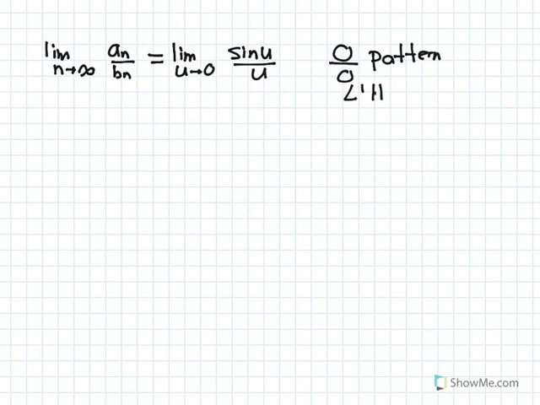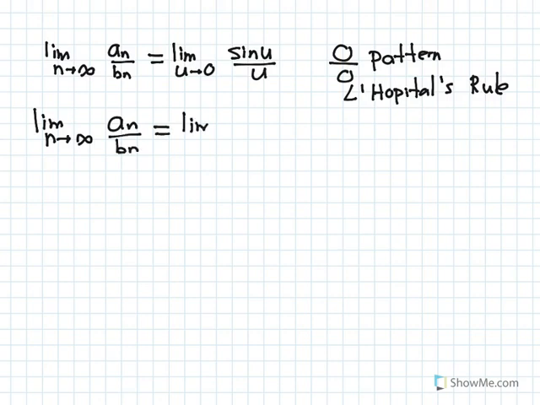So we're going to apply L'Hopital's rule to evaluate this limit. Now apply L'Hopital's rule. That means take the derivative of the top, divide by the derivative of the bottom.